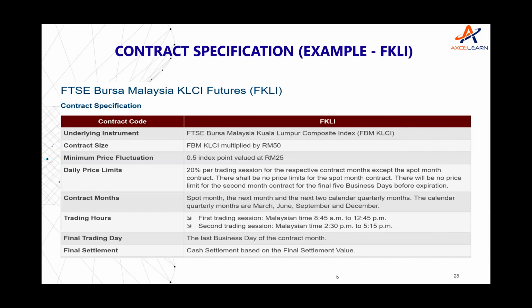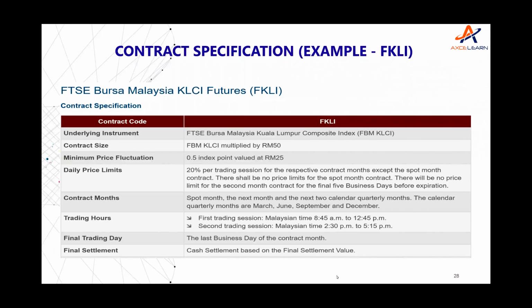Now, many of you will start to ask me, why is it 50? Can it be Ringgit Malaysia 10 or not? But when they designed this contract specification, they already fixed it at Ringgit Malaysia 50. As a layman explanation, if you're staying at KL City Center, property per square feet may be selling at Ringgit Malaysia 1,500.